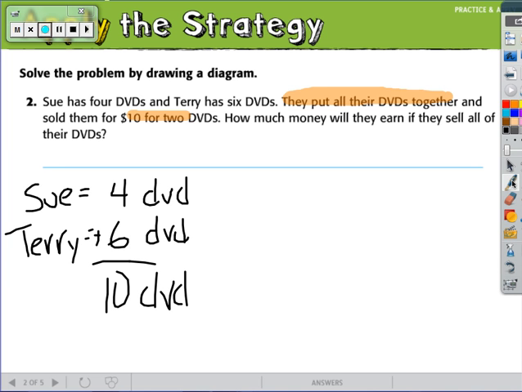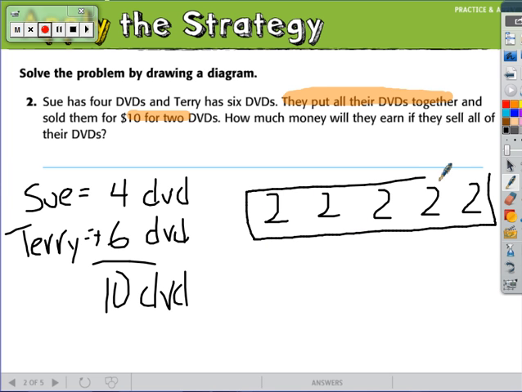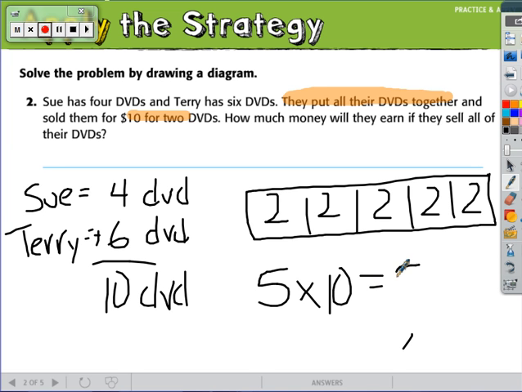So, we're going to go 2, 4, 6, 8, 10. So, you guys told me already, how many times did I make 2? 5. And every one of those 5 times, how much money do I make? 10. So how much money can they make? $50. I did it different, and I still got 50.